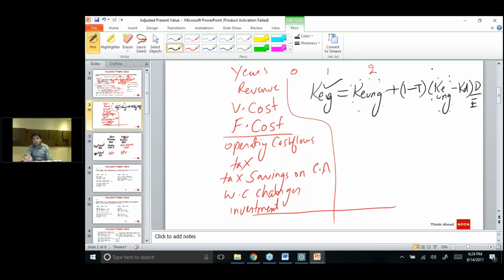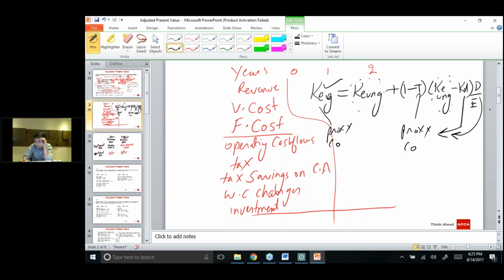Obviously, if the nature of business is changing, then the cost of equity of the geared company will be given for the proxy company. Tax will be given for the proxy company. KD will be given for the proxy company. Even debt over equity is given for the proxy company.